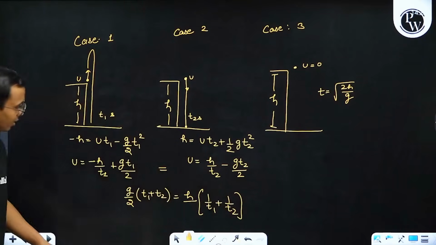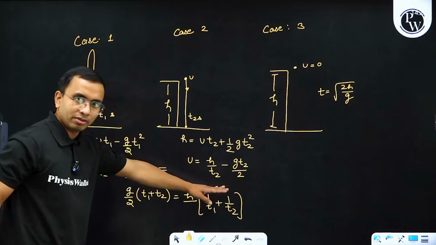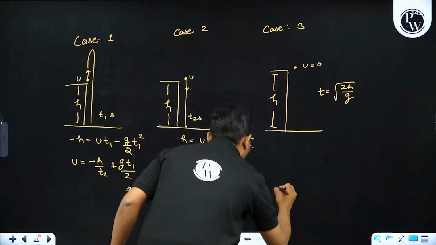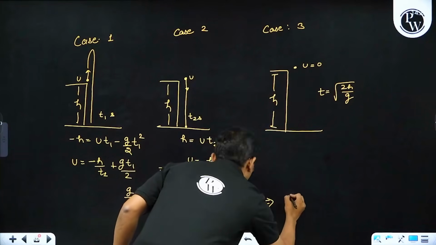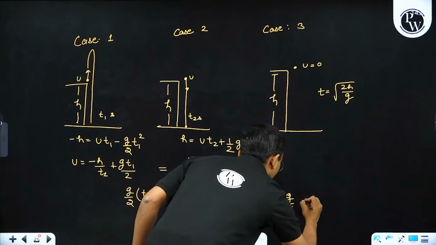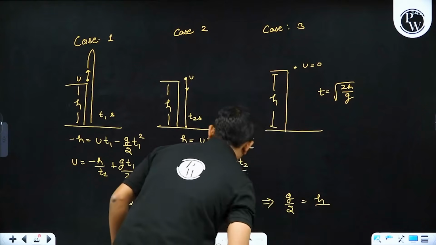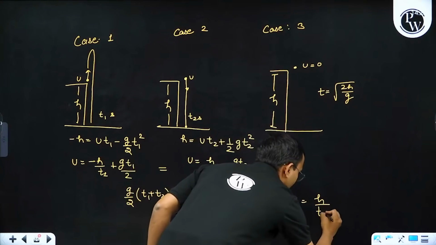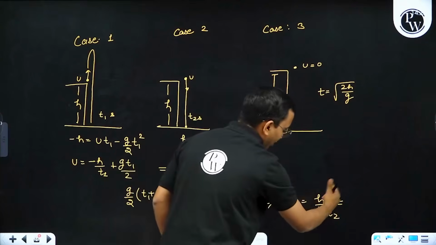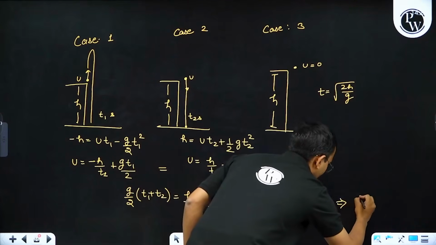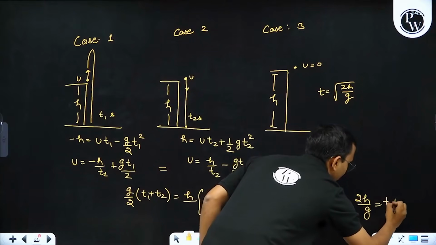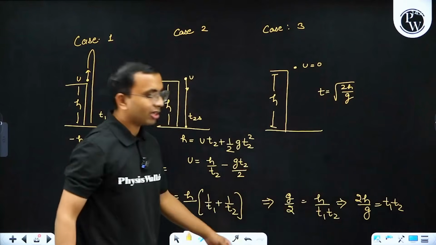Taking LCM, t1 plus t2 will become in the numerator. So t1 plus t2 will get cancelled, and we will get g by 2 is equal to h by t1 t2. So 2h by g is t1 t2, and root 2h by g will become root of t1 t2.